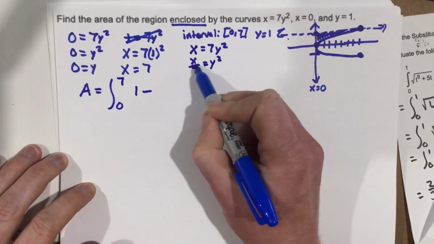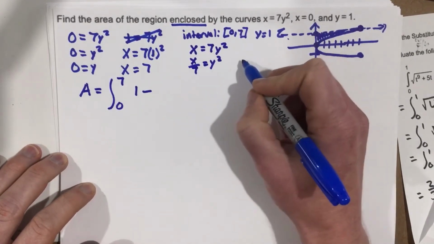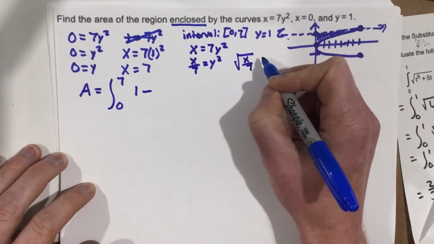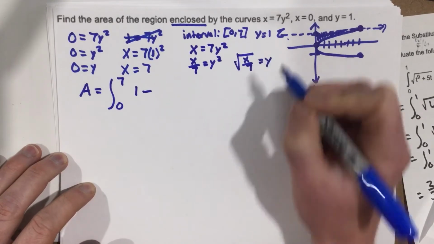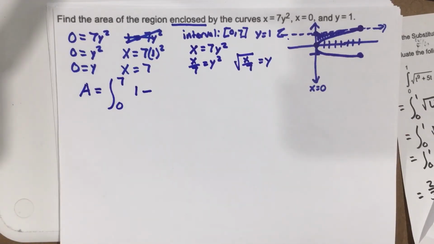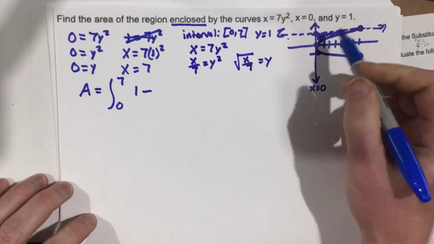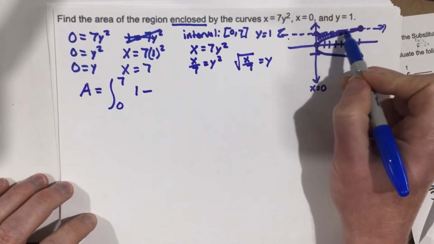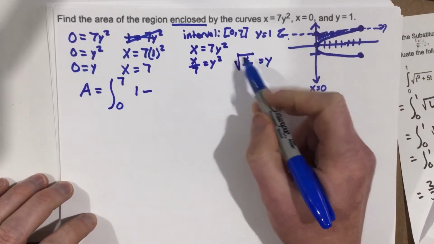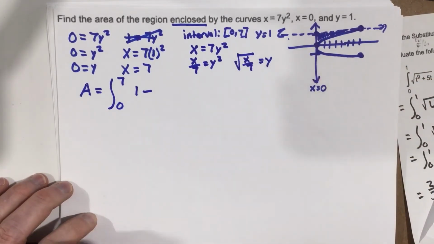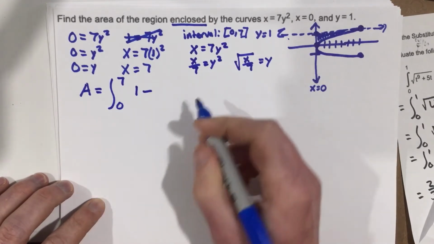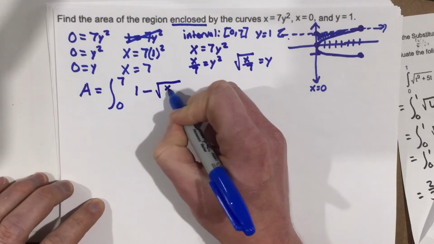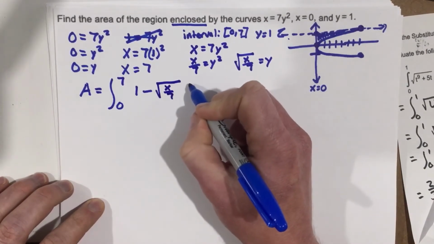And I'm going to square root this, and we end up with root x over 7 equals y. The reason I did this is because I'm only dealing with the positive branch of this curve. So instead of saying plus and minus, I only need the positive version of this function. So I'm going to say minus root x over 7 dx.